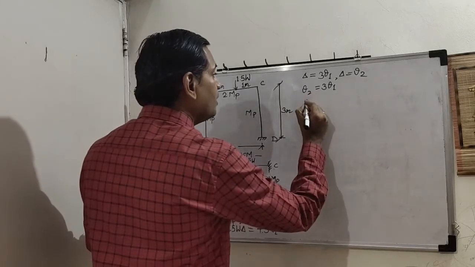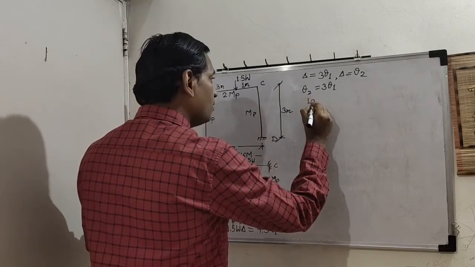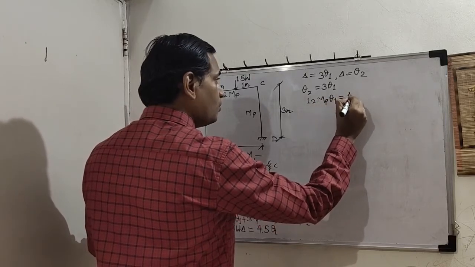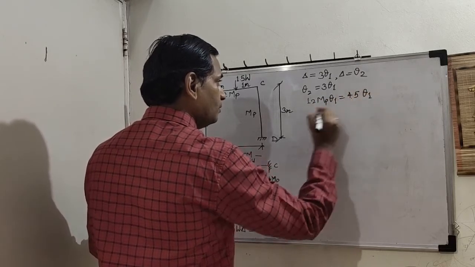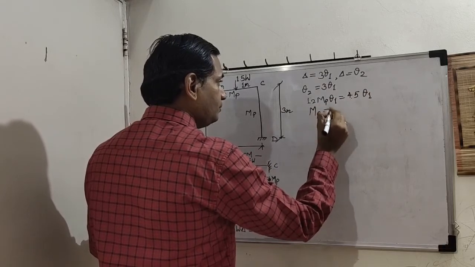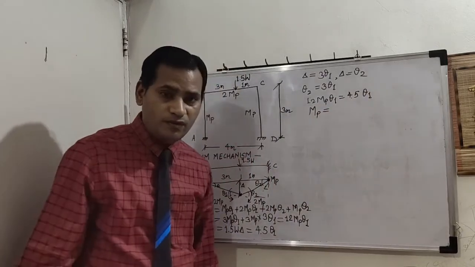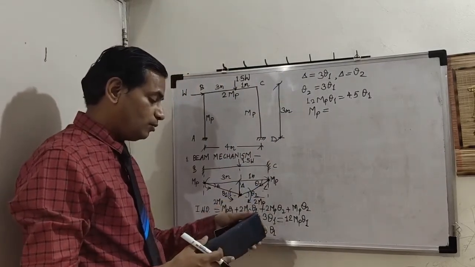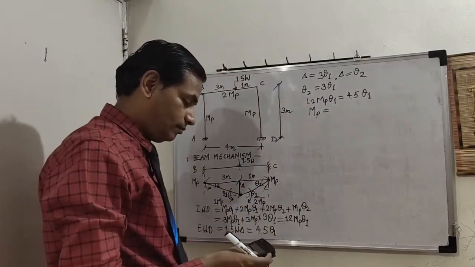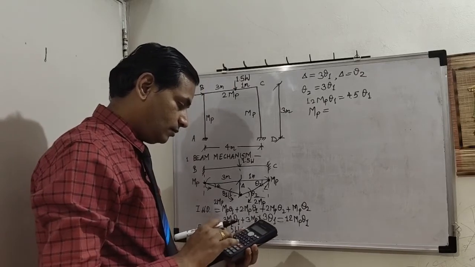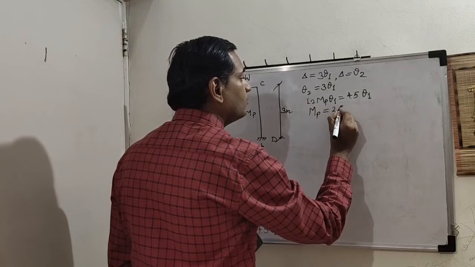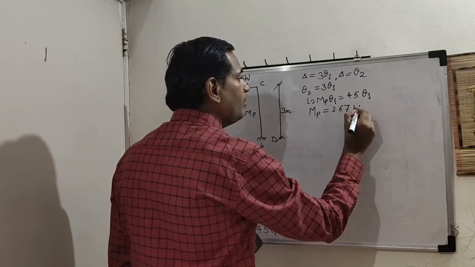So 12 MP theta 1 is equal to 4.5 theta 1. So how much is MP here? 12 upon 4.5. So this ratio is 2.67 kilonewton meter.